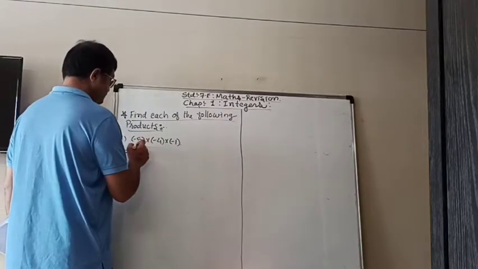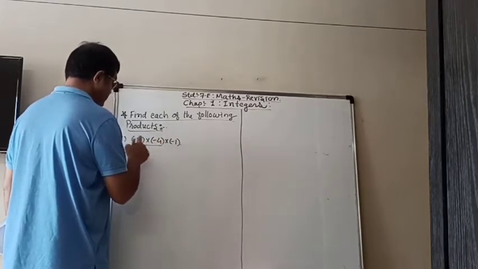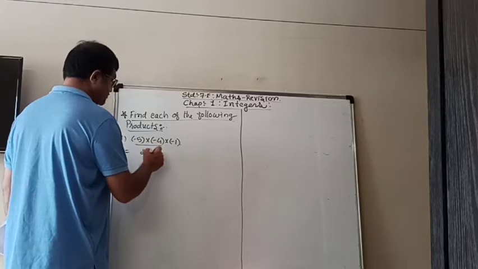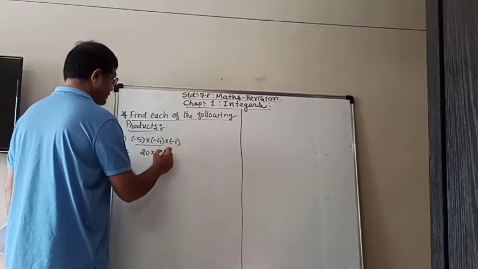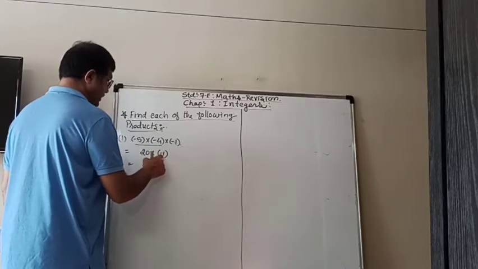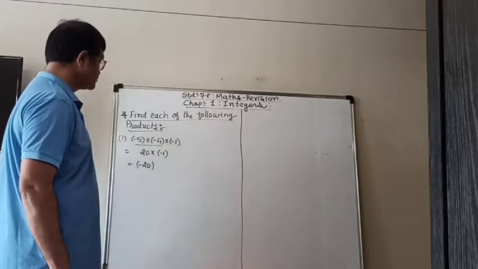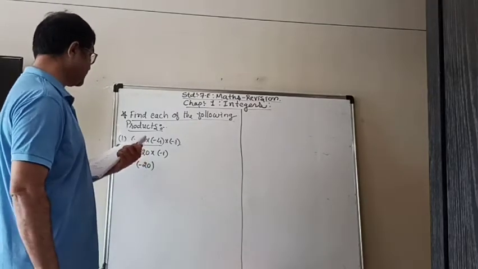So here you can see that 5 fours are 20. Negative negative becomes positive, multiplied by minus 1. 20 ones are 20, and 1 is positive, 1 is negative. So the answer is 20.